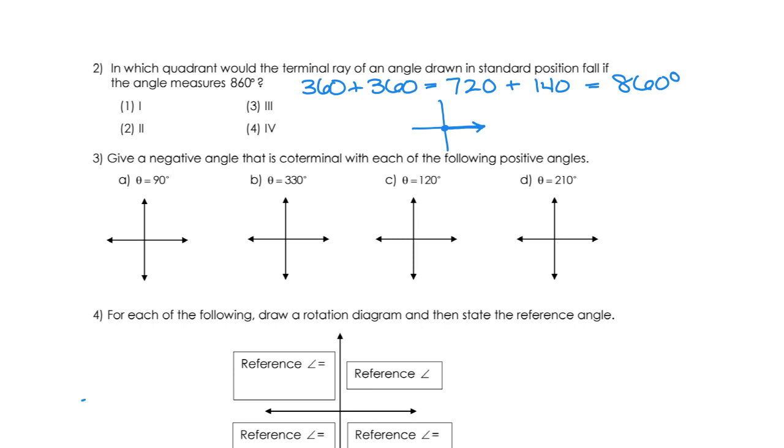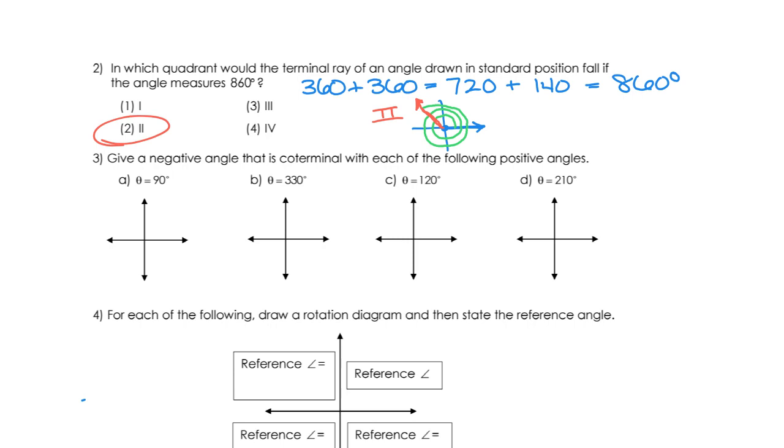And my path would go up and around, not only once for the first 360, twice for the second 360, and then 140 degrees more, which is about right here. Okay, and so we ended up in quadrant 2, and now we can pick our answer. Okay, so a little bit tricky.